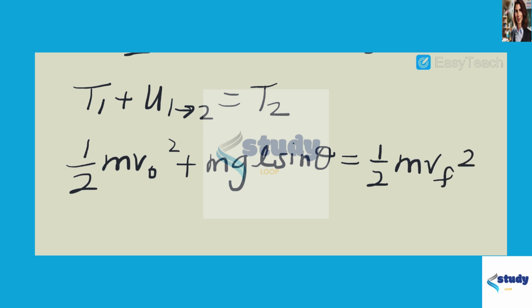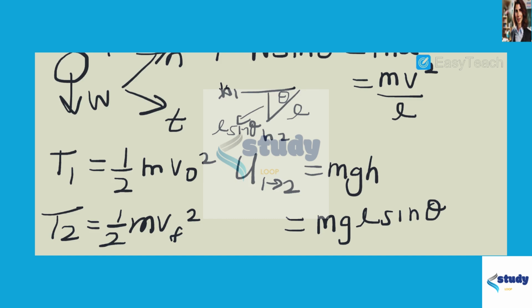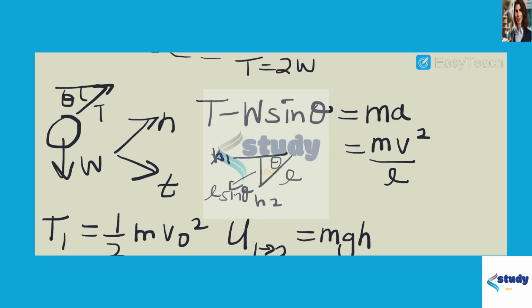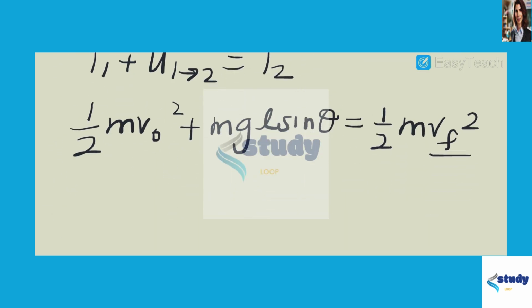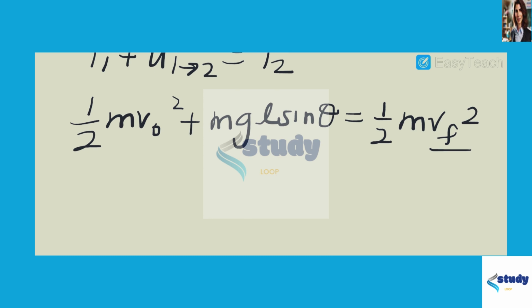Now, we don't know what v final squared is explicitly, but we do know it in terms of the centripetal motion, because we have an expression for v final squared within Newton's second law. We're also going to assume that the rope has broken, because that's what we're asked to solve for. So we're going to assume that tension is equal to 2 times the weight, a condition that was given to us in the beginning.